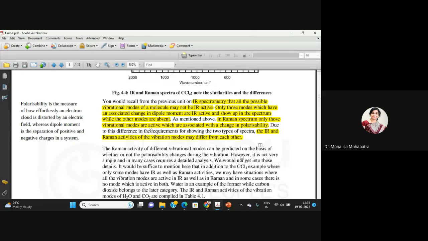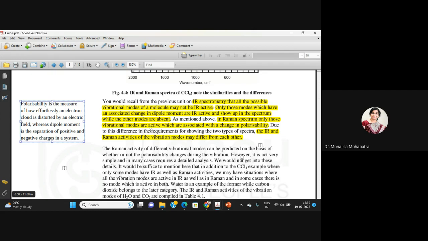But for the Raman spectrum, the question is which kind of molecules will show a Raman spectrum. Those vibrational modes which are Raman active are bringing about a change in polarizability. So the question is, what is polarizability, and what is change in dipole moment? Polarizability is the measure of how easily electron cloud delocalization or distortion happens due to the radiation interaction.